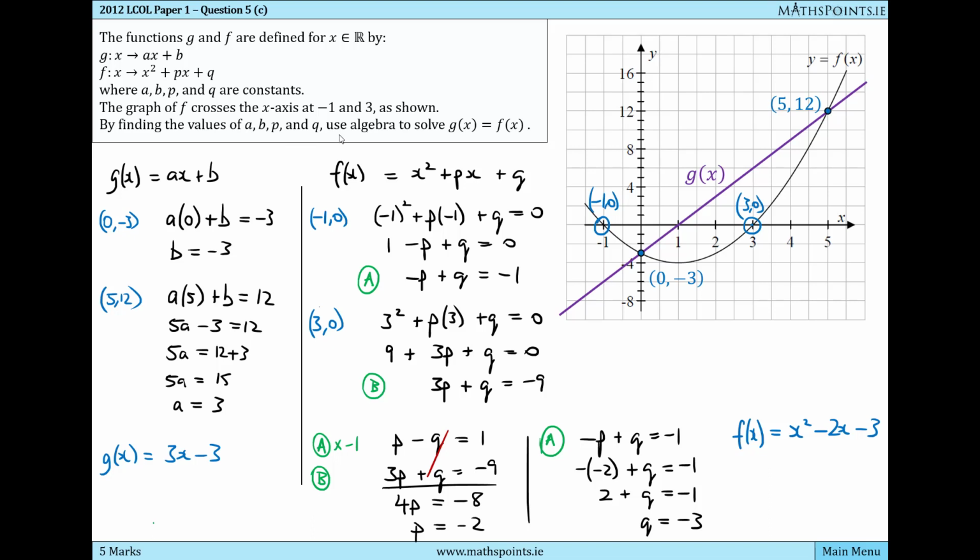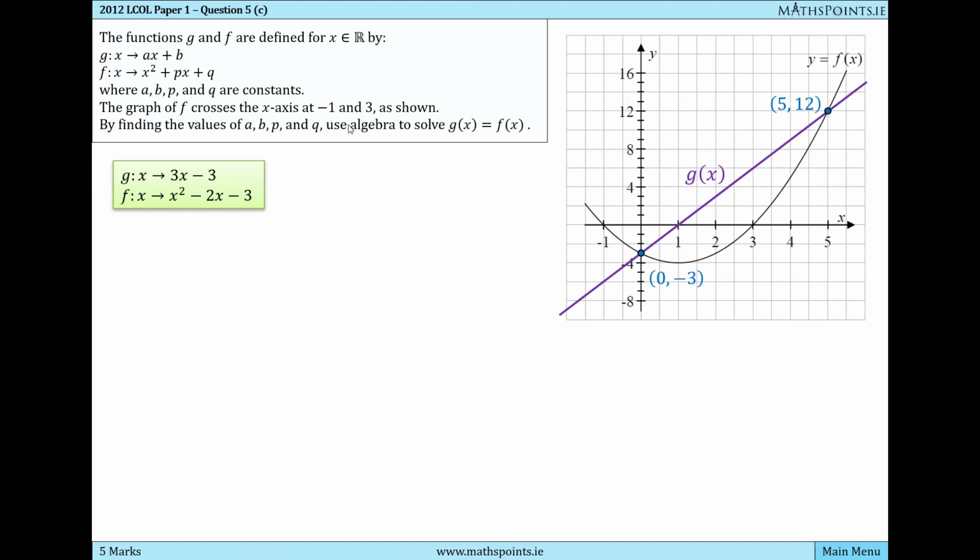The final part of the question asks us to use algebra to solve g of x equals f of x. So we're going to let 3x minus 3 equal x squared minus 2x minus 3 and solve for x. When they're asking us to use algebra to solve g of x equals f of x, they're asking us to confirm the two coordinates of the points of intersection.